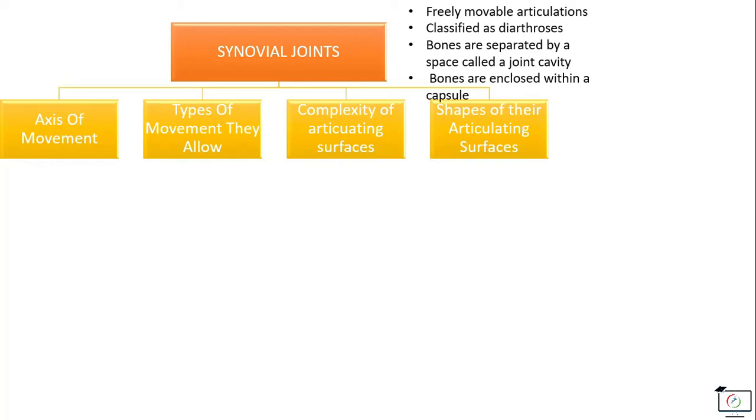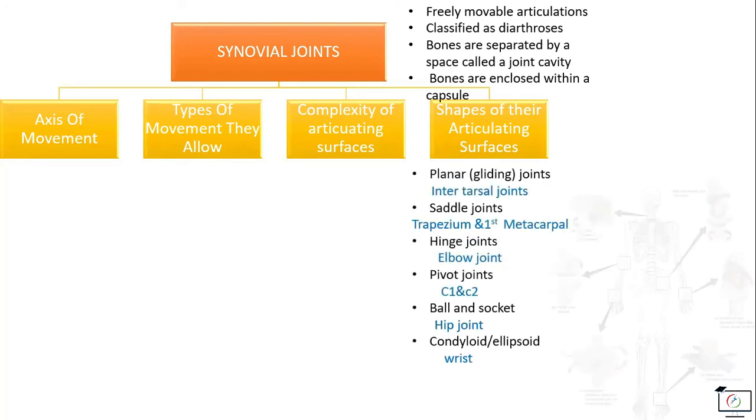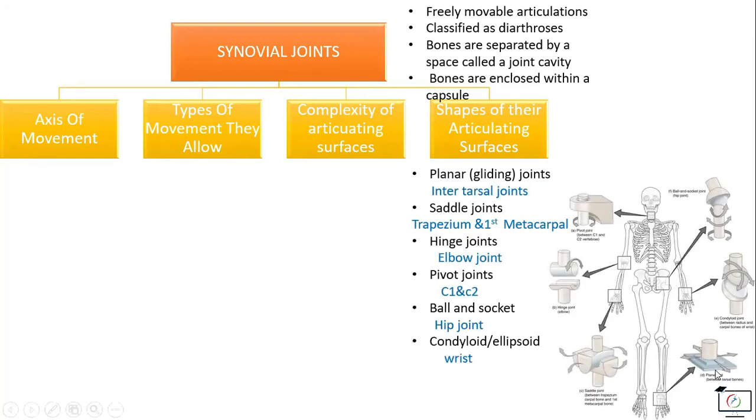According to the shape of the articulating surfaces, there are planar joints in which the articulating bones have flat surfaces. The example is the joint between tarsal bones. The saddle joints have reciprocal concavo-convex articulating surfaces resembling the shape of a horse saddle.